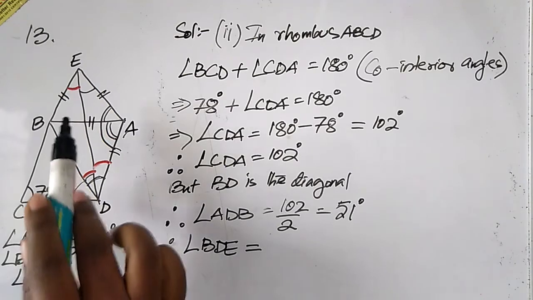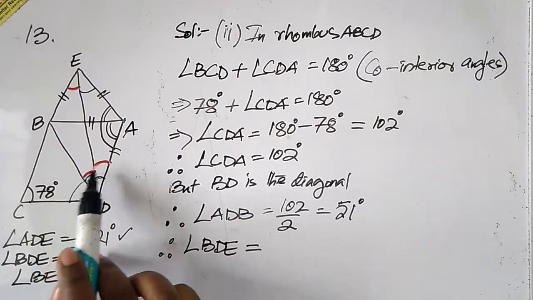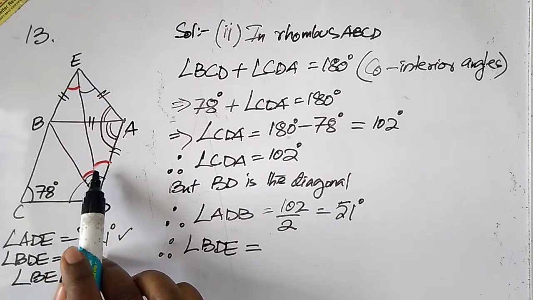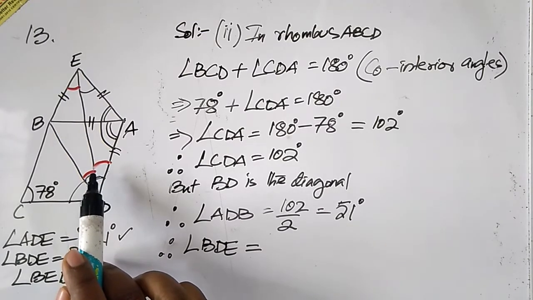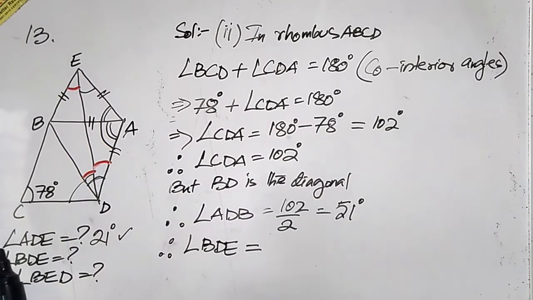Sorry, BDE should be the half of these two angles. Okay, so here we can say that BDE is equal to 51 degrees, that is ADB, minus ADE.